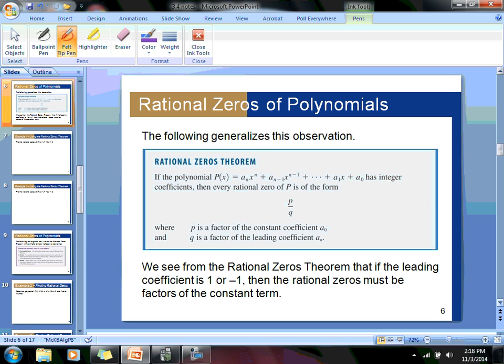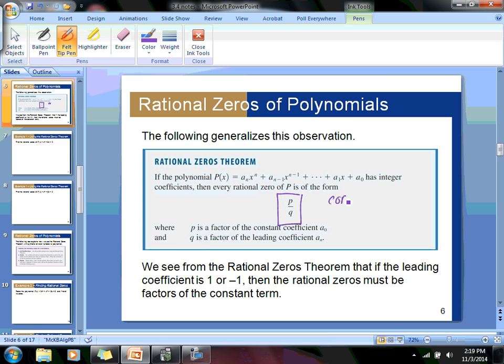To find all of the possible zeros, we're going to basically do our P's and Q's here, is what I like to call it. We're going to take all of the factors of the constant term, which is what P represents. And we're going to divide them all by the factors of the leading coefficient, which is what the Q represents.